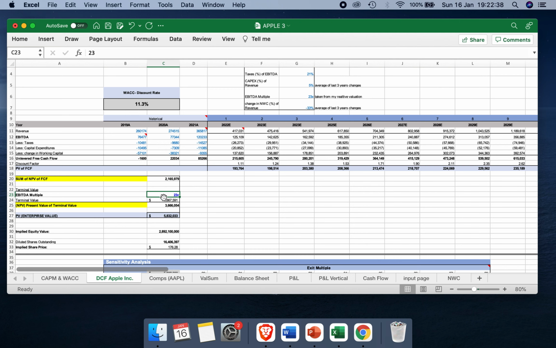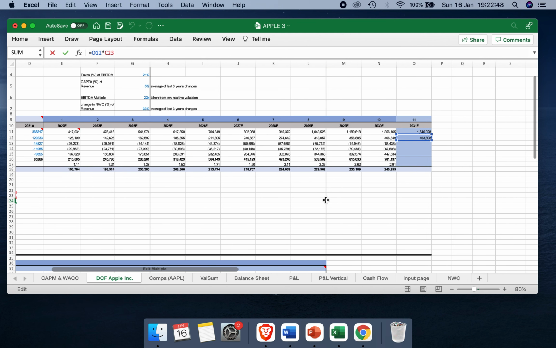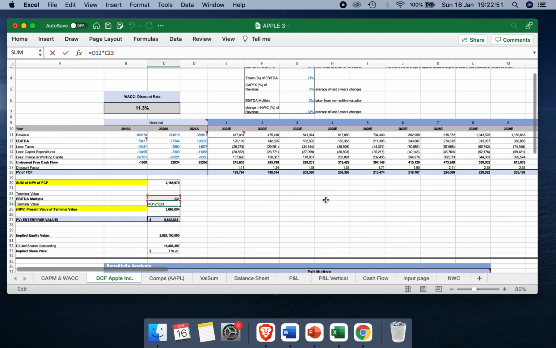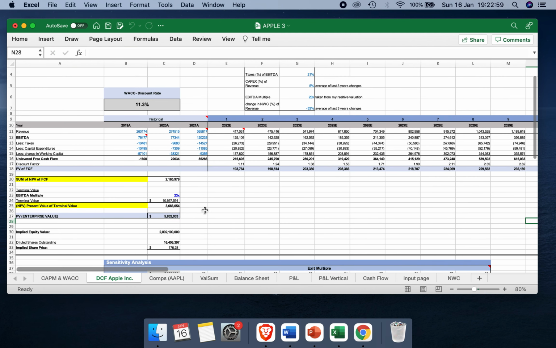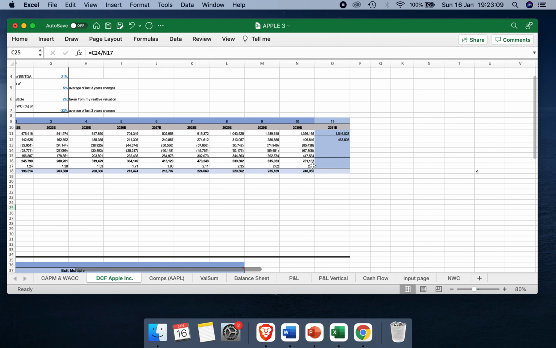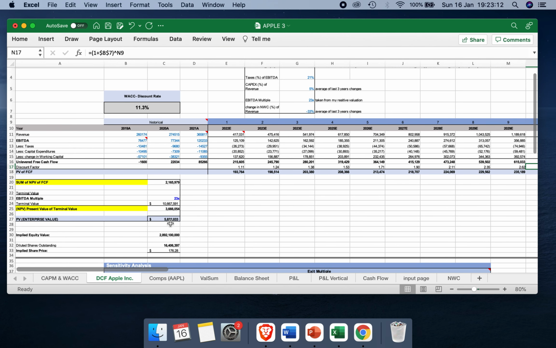As you can see, the terminal value is obtained by multiplying the EBITDA by the EBITDA exit multiple. But we're not finished here, because we have to discount that to the present value. Here we used the discount factor, and I got the present value of the terminal value.